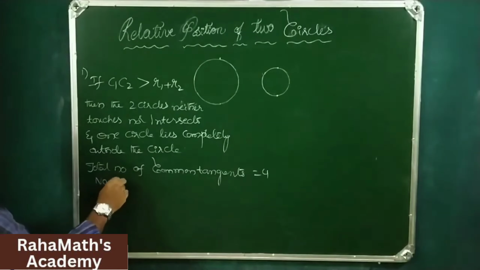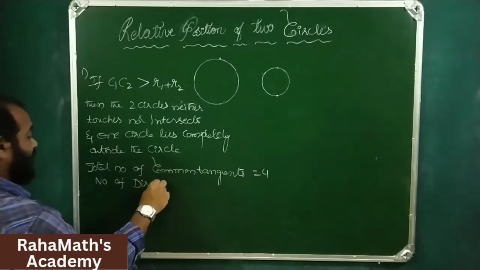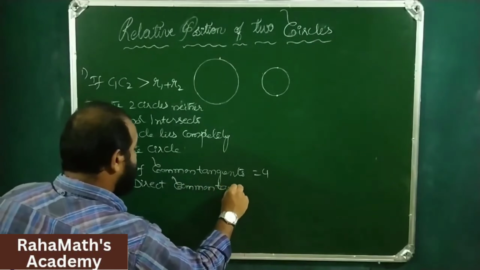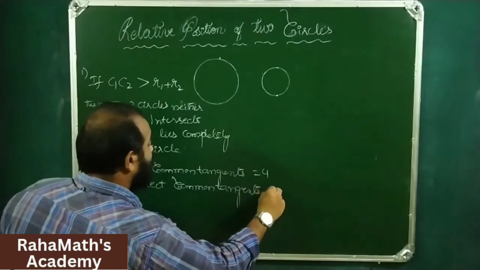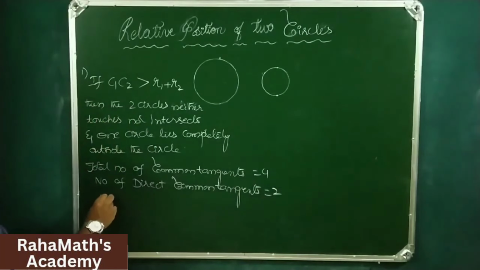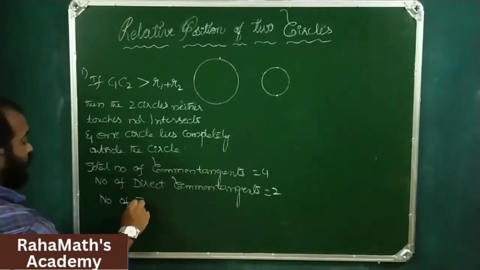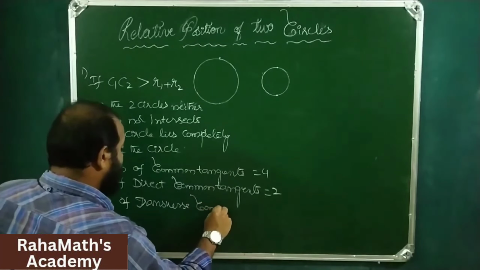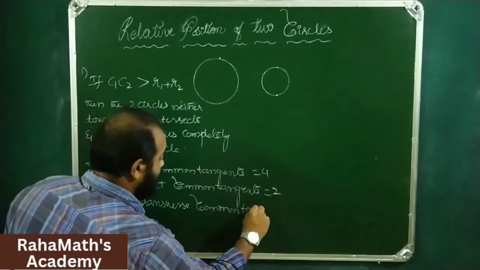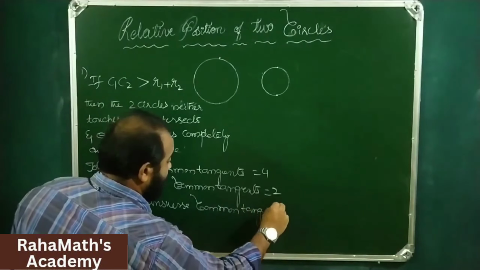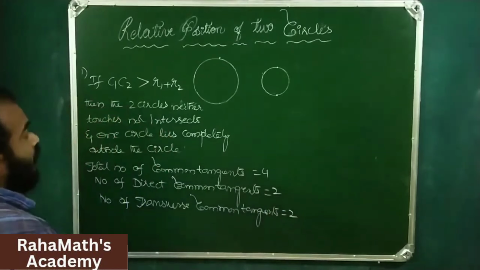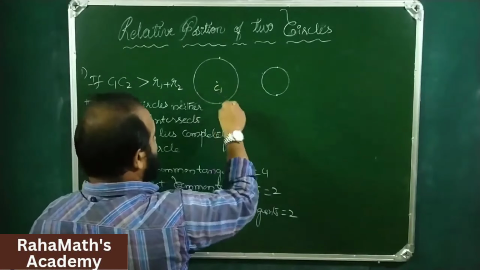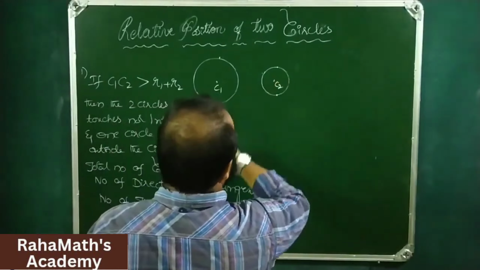The number of direct common tangents is equal to 2, while the number of transverse common tangents is equal to 2. So here are two circles, this is C1 and this is C2.